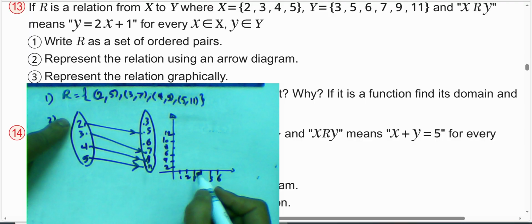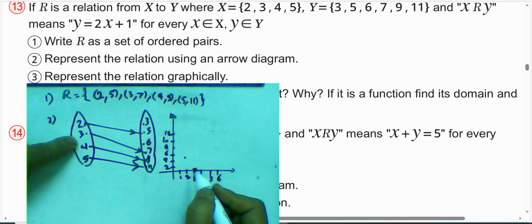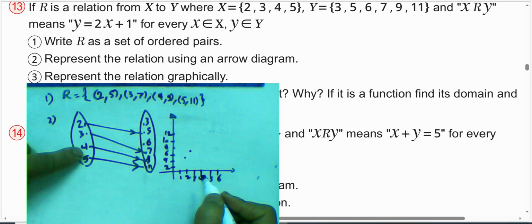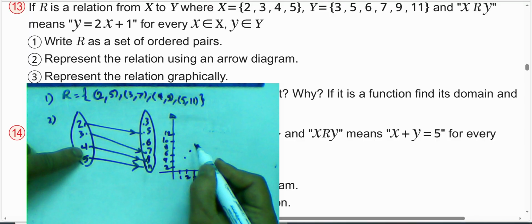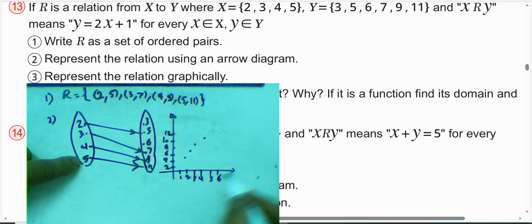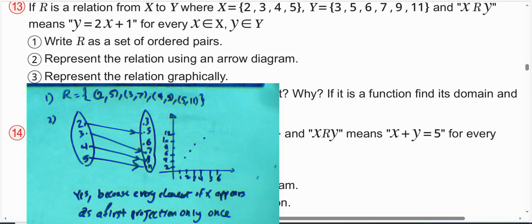The image of 2 is 5, between 4 and 6. 3 with 7, 7 is between 6 and 8. And 4 with 9, 5 with 11. Okay, this relation is a function.